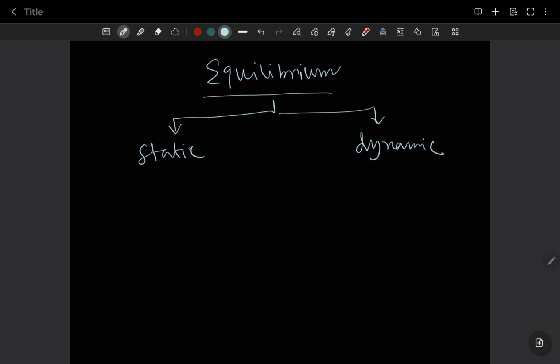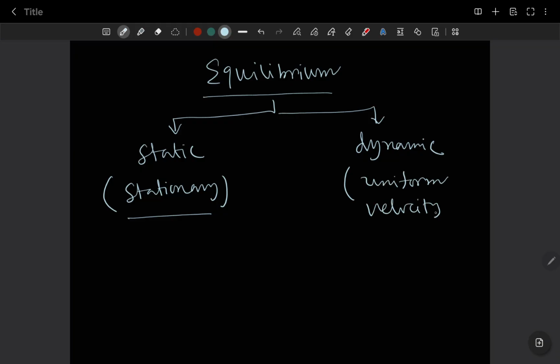Static equilibrium means the body is at rest, a stationary body, and it continues to be at rest. Dynamic equilibrium means the body is moving with uniform velocity in a straight line.